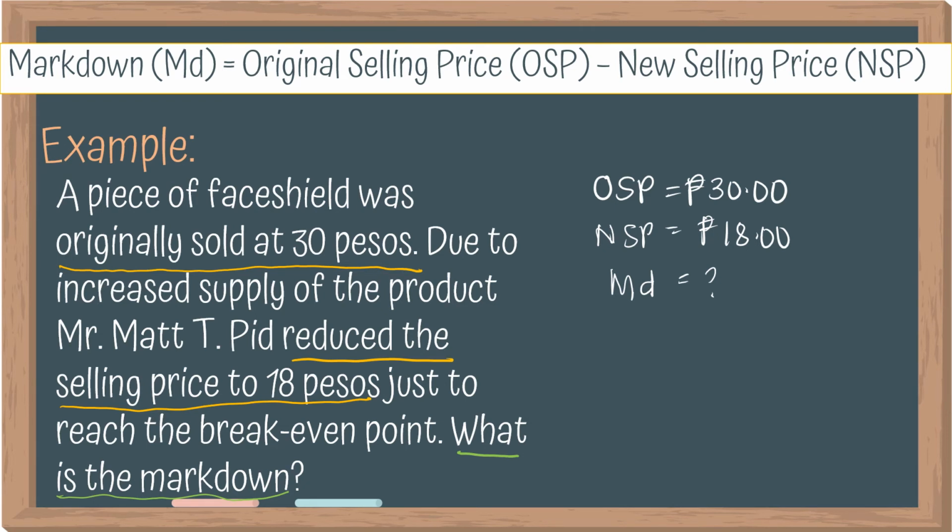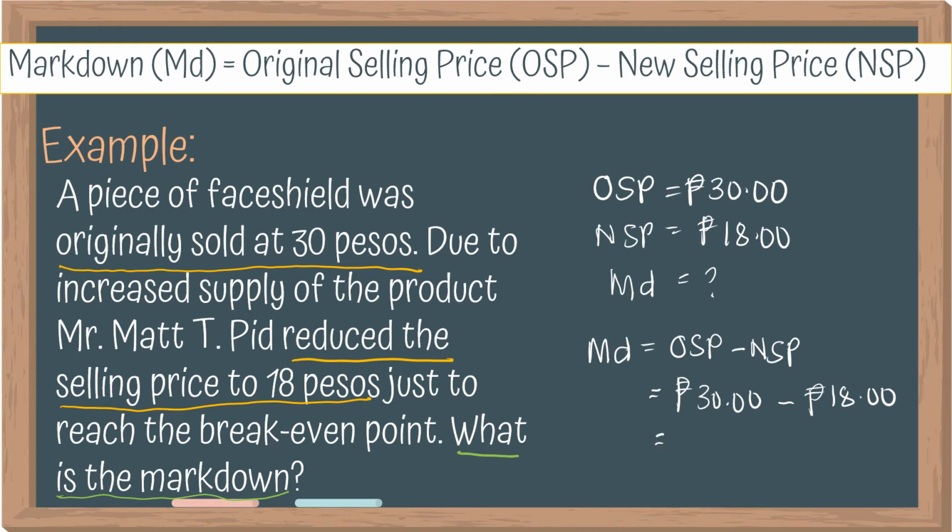Thus, we can say that markdown is equal to the original selling price minus the new selling price. Substituting the values to our problem, we will be having here 30 pesos, which is the original selling price, minus 18 pesos, which is the new selling price.